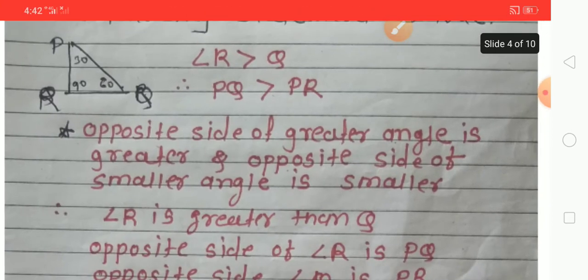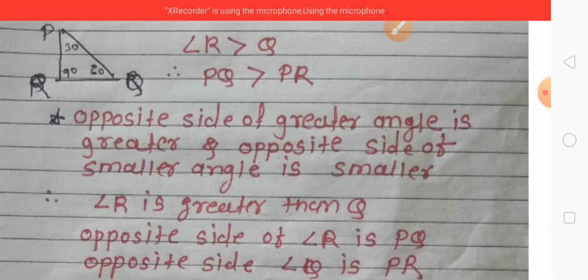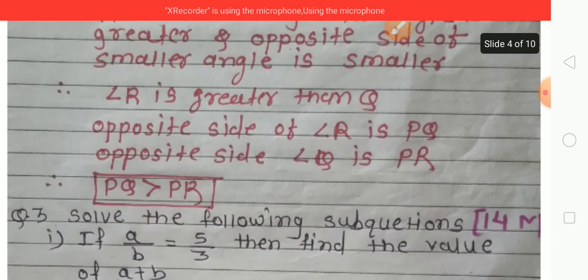So angle R is greater than angle Q. The opposite side of angle R is PQ and the opposite side of angle Q is PR. So see here, PQ is greater than PR.